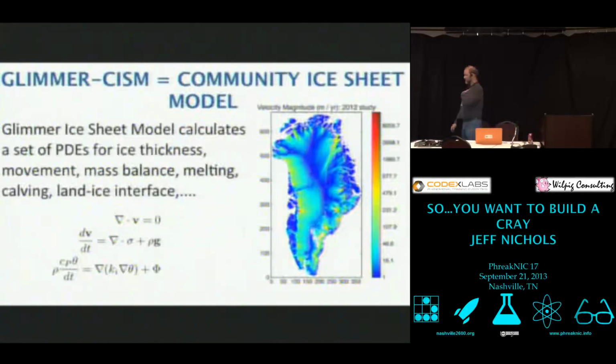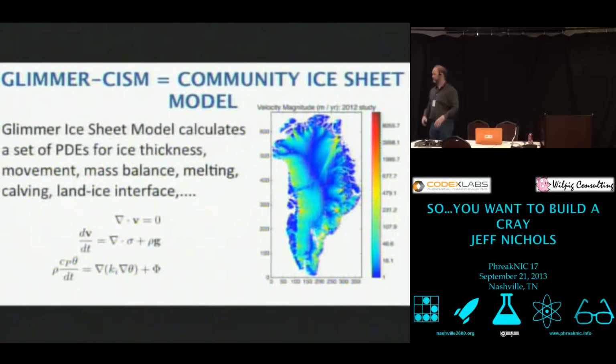So this is my credibility. This is what I worked on, Jaguar and now Titan. It's a model called Glimmer-CISM, and I did the parallelization for this. So it was effectively a serial or scalar model that we parallelized so it can run on any of the parallel architectures.